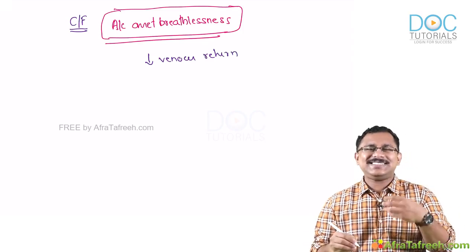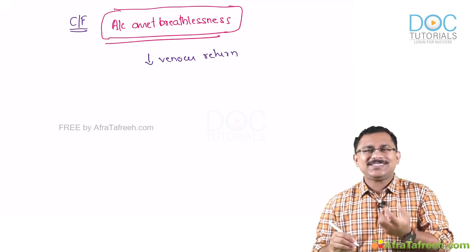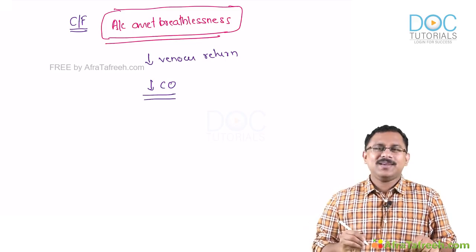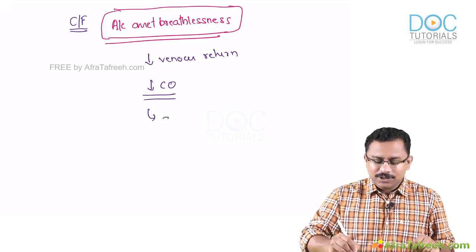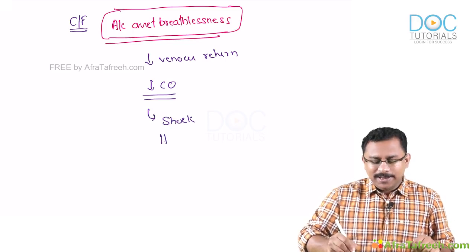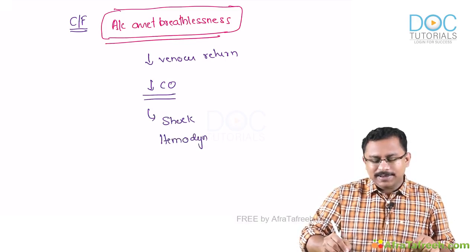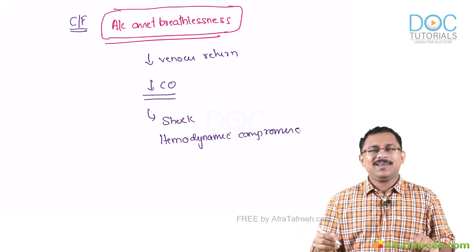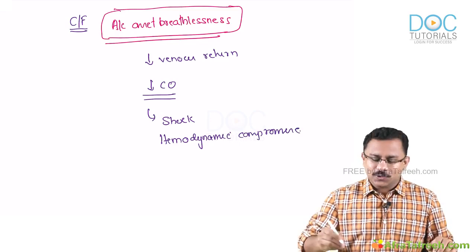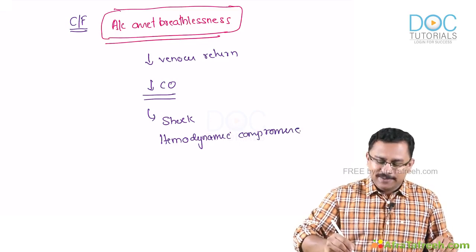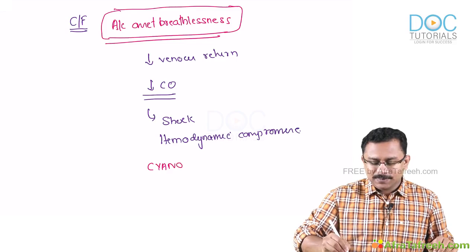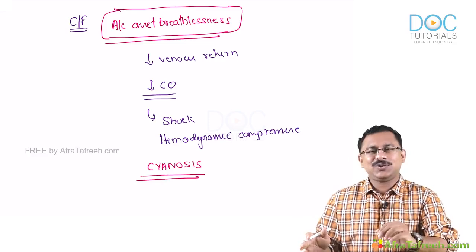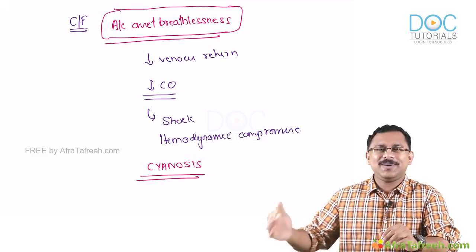Subsequently, when the venous return is reduced, when the end diastolic volume is reduced, there is a decrease in the cardiac output as well, which means the patient can have a shock or a hemodynamic compromise. So if there is a significant tension pneumothorax, the patient may also develop cyanosis. So remember, it is a very, very dangerous entity, this tension pneumothorax. That is how the patient presents to you in the emergency.